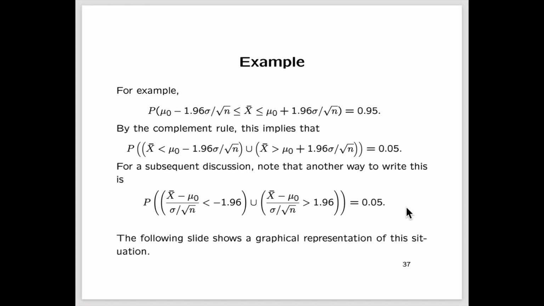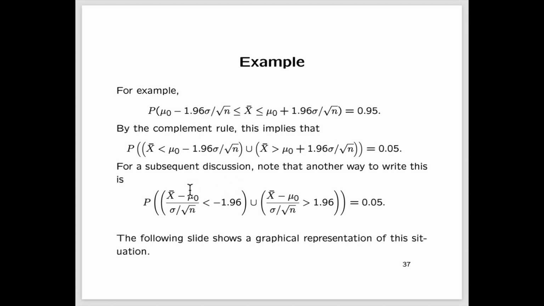Now, for subsequent discussion, note that another way to write this event inside the parentheses is in the following way, and all we're doing is a little bit of algebra inside each of these sets of parentheses to standardize x bar. So we're subtracting mu sub 0 from both sides of the inequality, and then dividing both sides by the standard error.